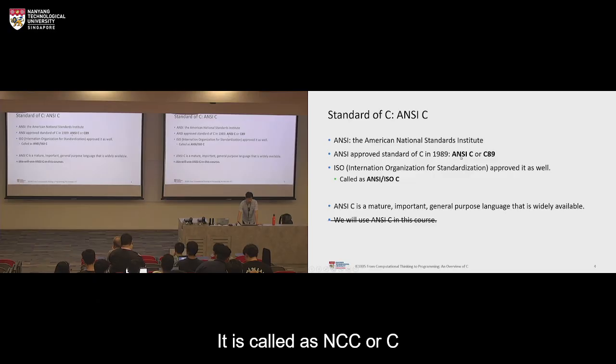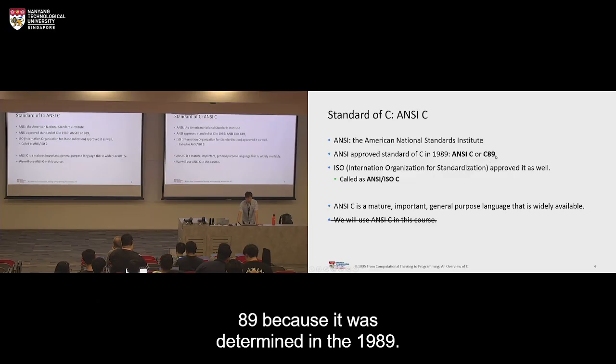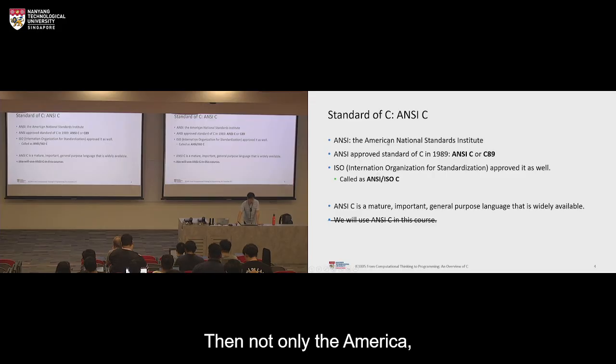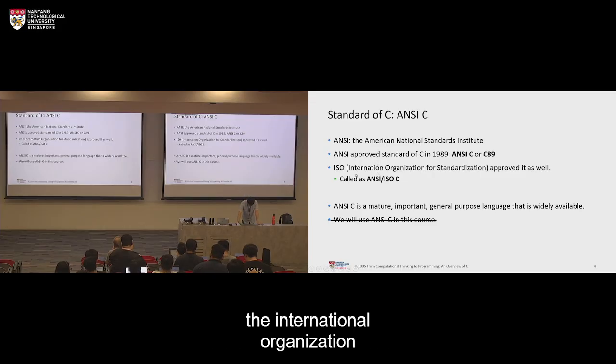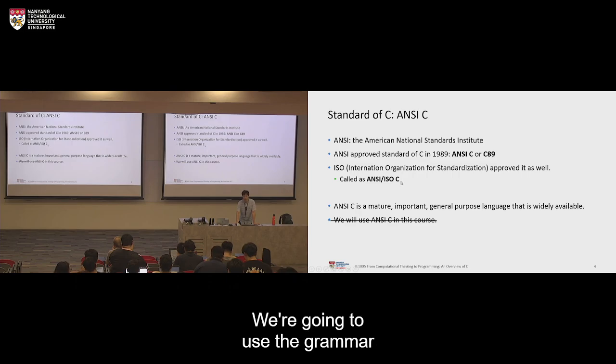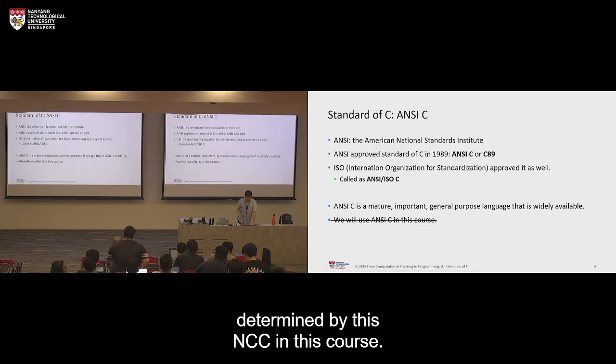It is called ANSI C or C89 because it was determined in 1989. Then not only America, the International Organization for Standardization, ISO, approved this grammar as well, so it is called ANSI C or ISO C. We're going to use the grammar determined by ANSI C in this course.